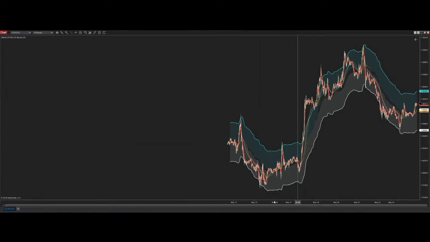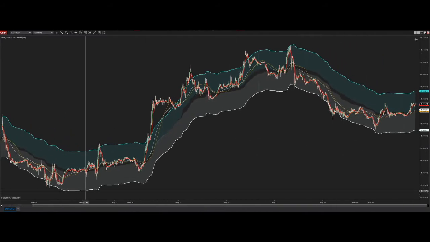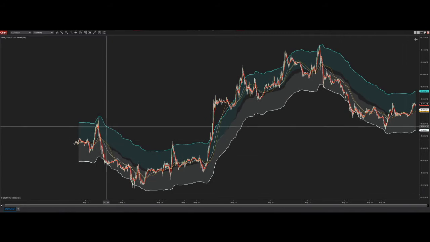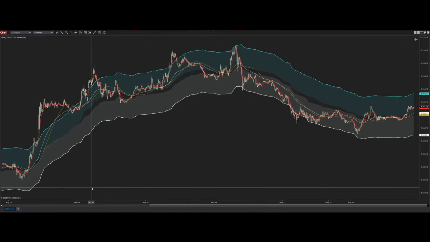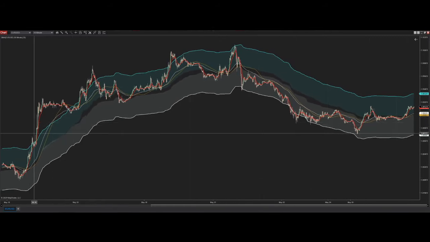And you can see over here on 10 minutes there was a nice one here, there were two of them here, there's a nice one here, very strong trend. Let's analyze that. It's a very strong trend, nothing but green.